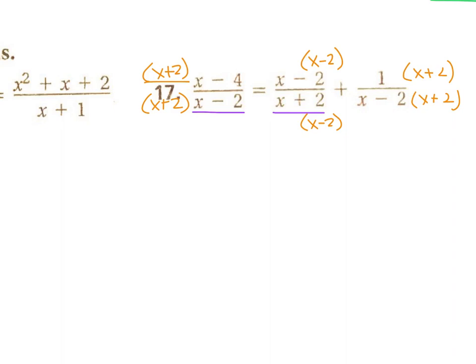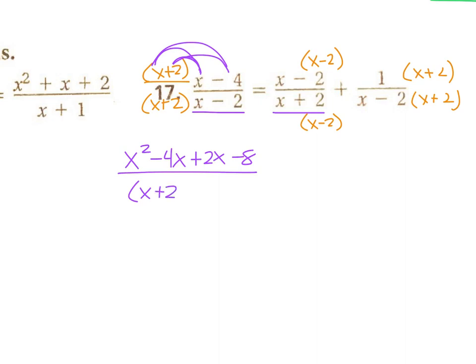So let's FOIL this. First, outer, inner, last is going to get us x squared minus 4x plus 2x minus 8. Okay, and that's over our common denominator, x plus 2 times x minus 2.